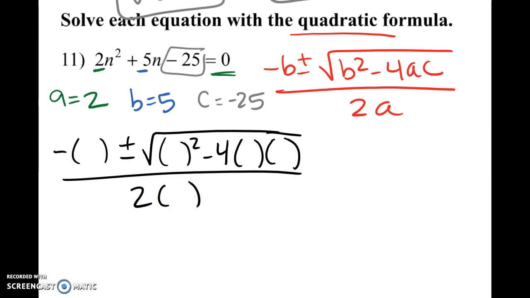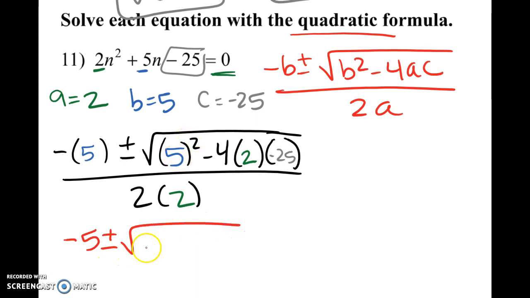And now I'm going to substitute in my values. So I have negative b, so b is going to go here, plus or minus b squared minus 4ac, all divided by 2a. Alright, so if I simplify this, I have a negative times 5, which is a negative 5, plus or minus 5 squared is 25.